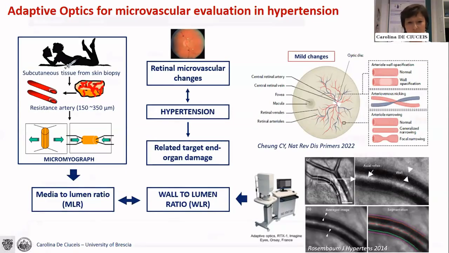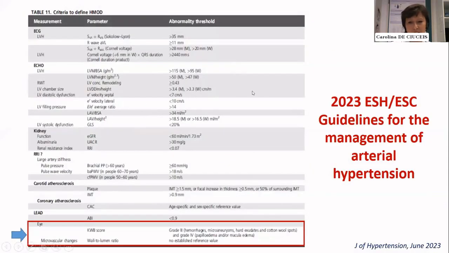And most importantly, it has been recommended by the last European hypertension guideline as a promising indicator of microvascular retinal remodeling in the evaluation of hypertension-mediated organ damage.